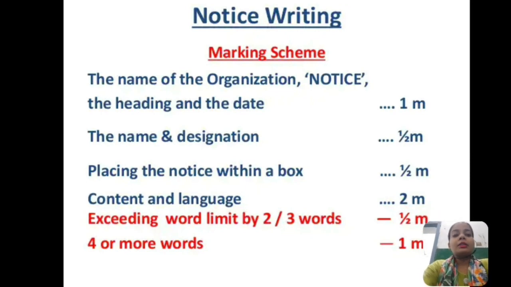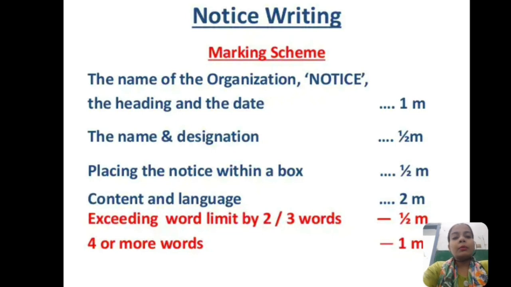Now here is the marking scheme of notice writing. Basically, notice writing comes in either 5 marks or 6 marks. Now let's have a look at how the marks are distributed. For the name of the organization, the heading notice and the date, 1 mark is allotted. For the name and designation, half a mark is allotted.